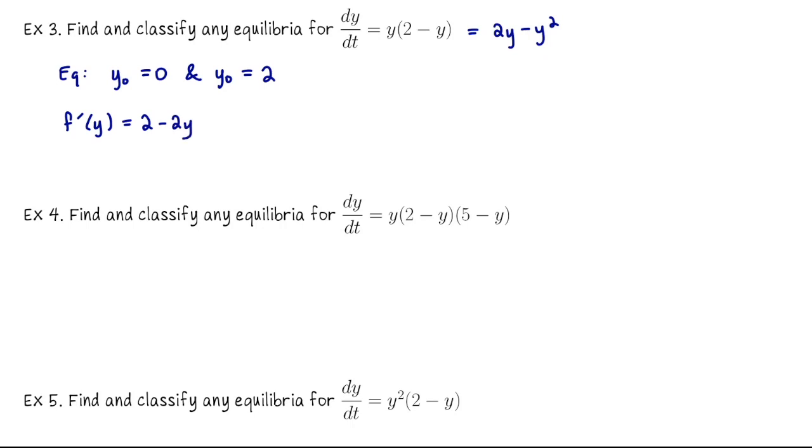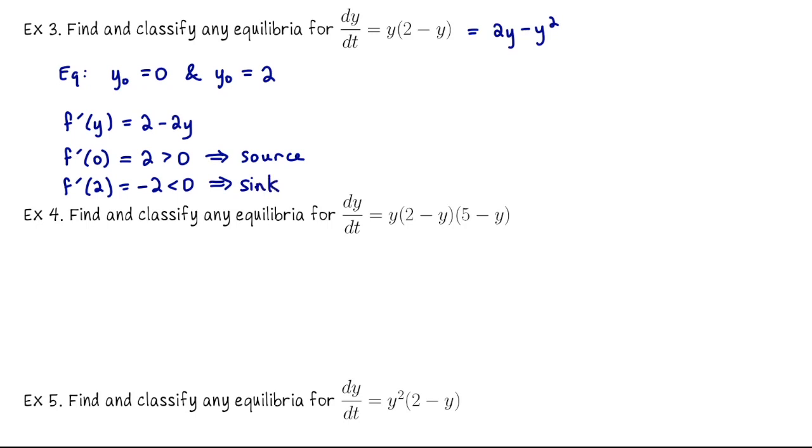If I plug in 0, we get f prime at 0 is 2. That's positive, so that tells us it's a source. Whereas f prime at 2 is 2 minus 4, that's negative 2 actually. That's less than 0, and that's a sink.